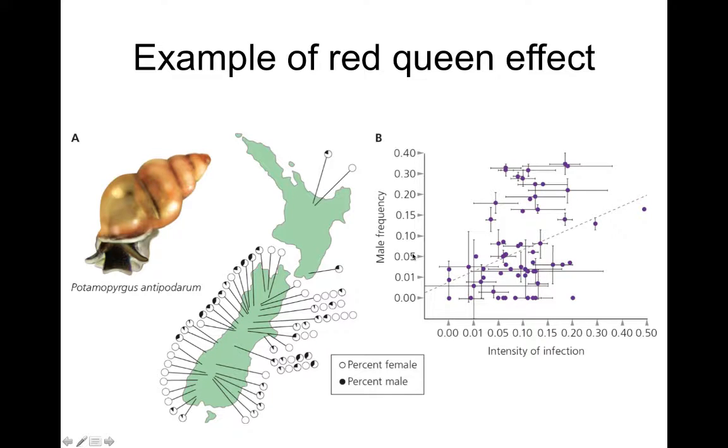So this snail can switch between being sexual and asexual. And in the populations with the greatest amounts of infection by the trematode, there are more males. There's more sex, essentially to keep up with these high rates of infection.